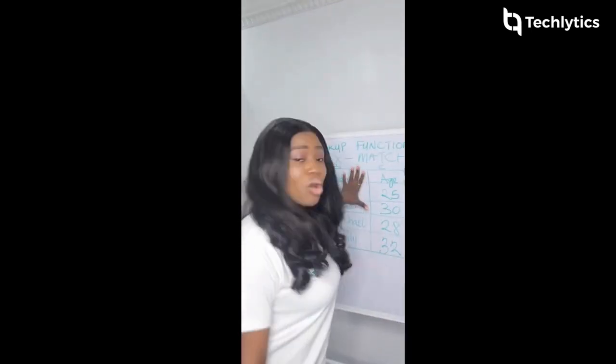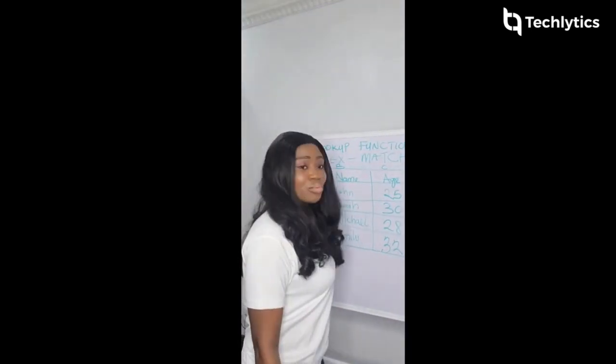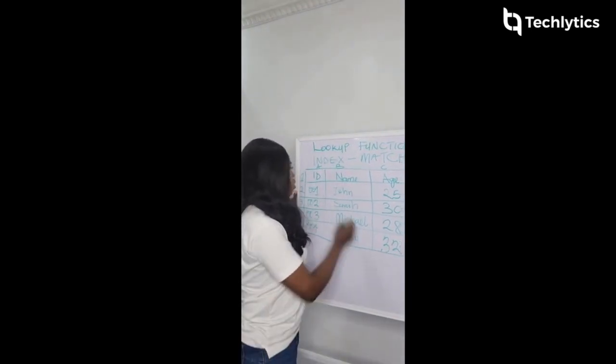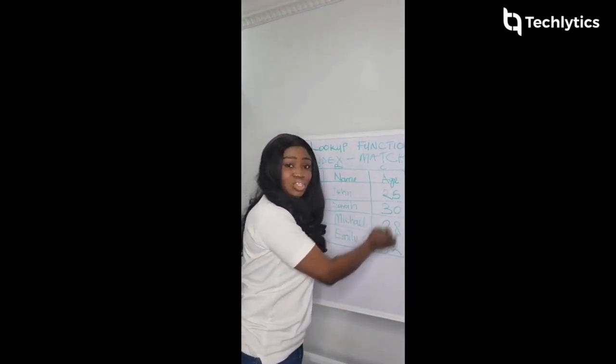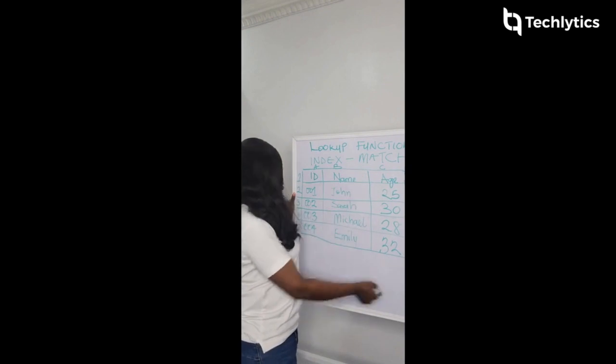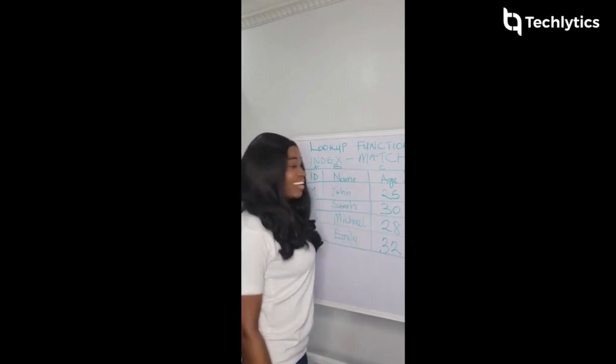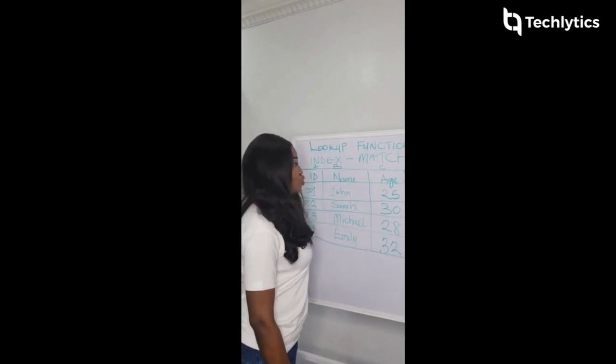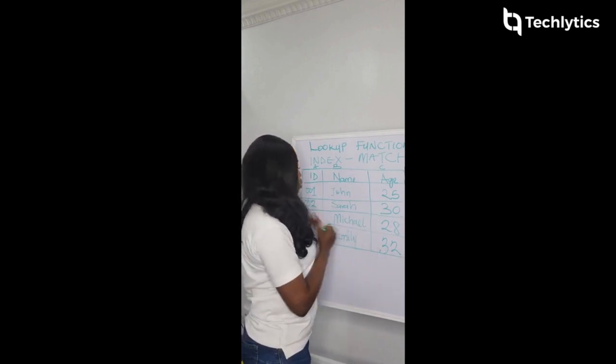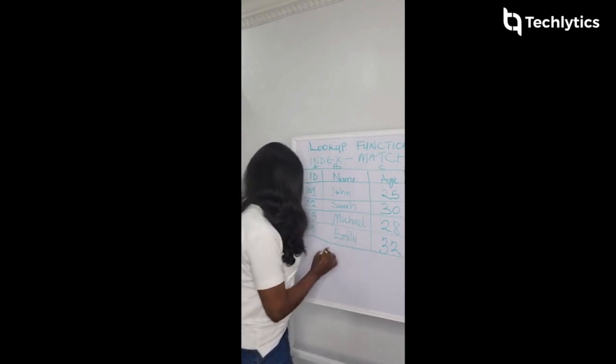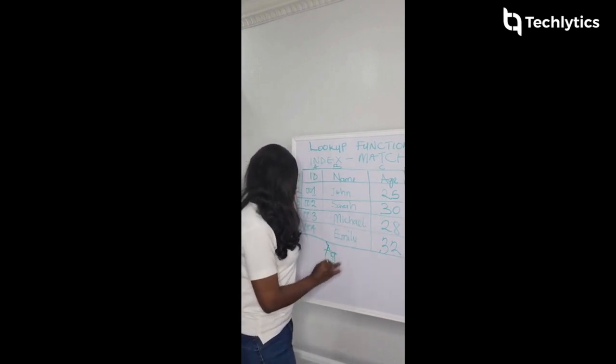Now, this table is basically the table of the name and the age of some people. I don't know who they are. Let's assume I want to find age, right?